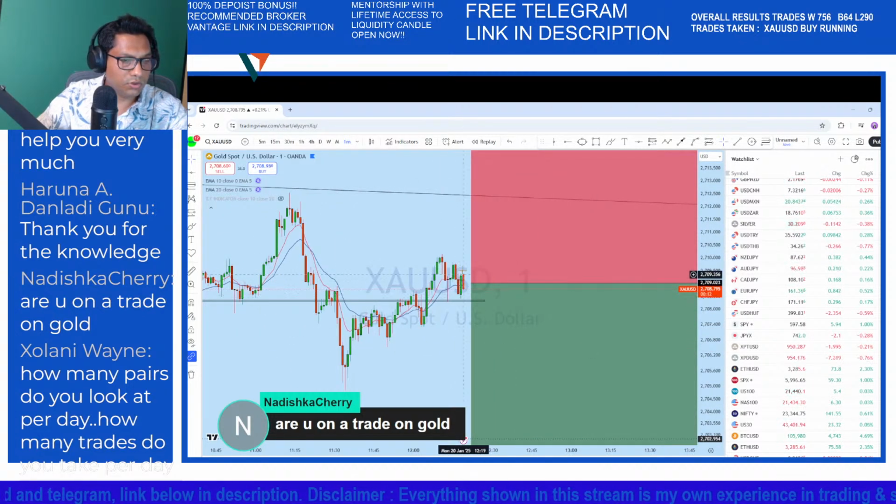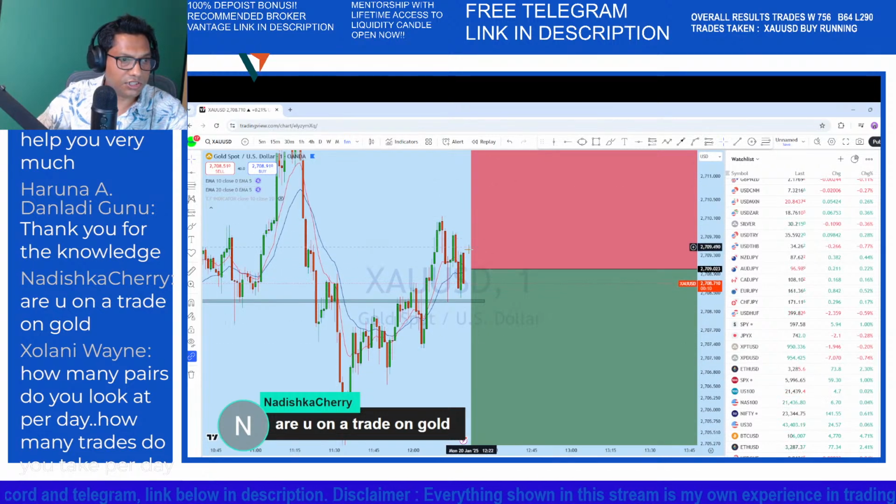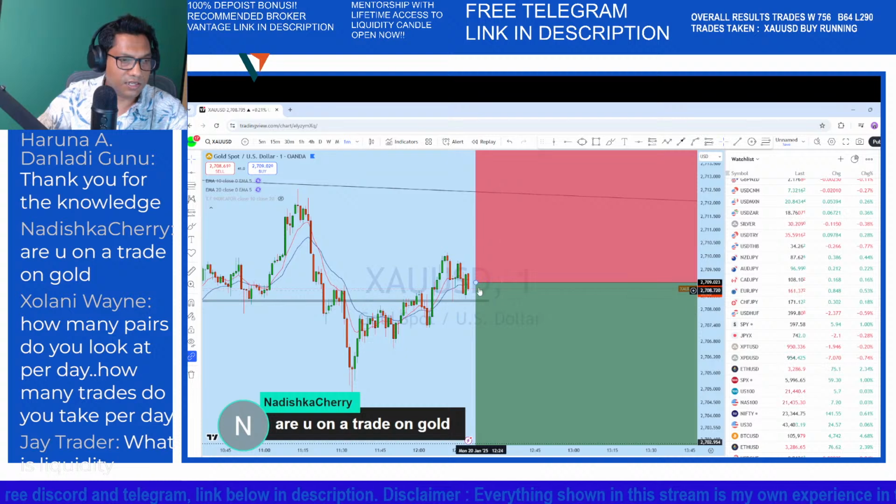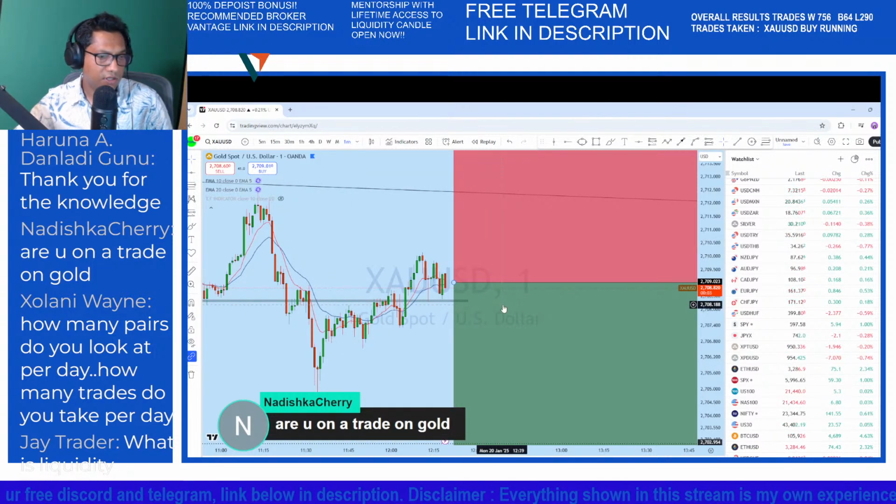So you can see a bounce and expecting a rejection here. You see that coming back in that direction with a potential rejection.